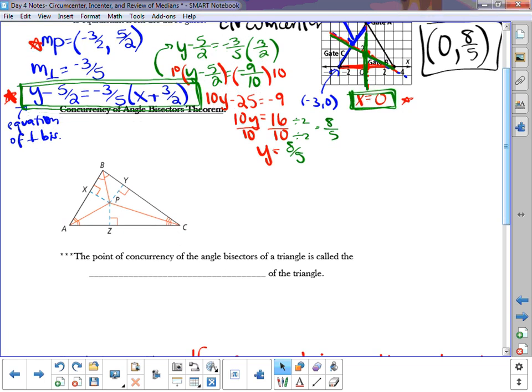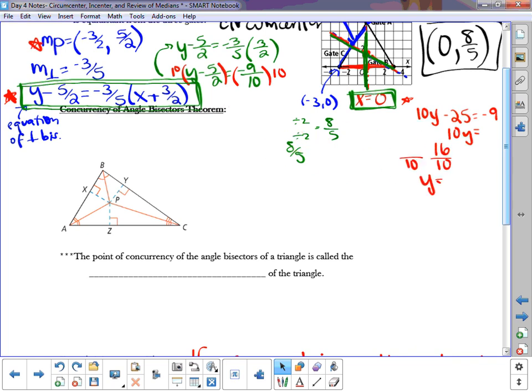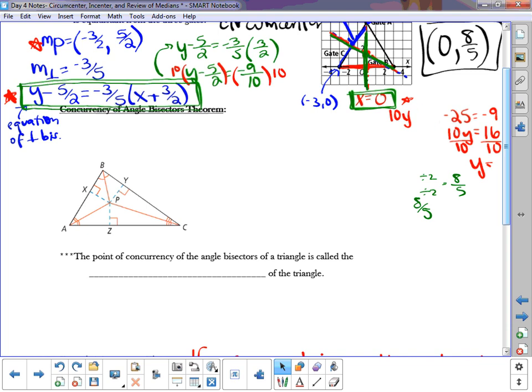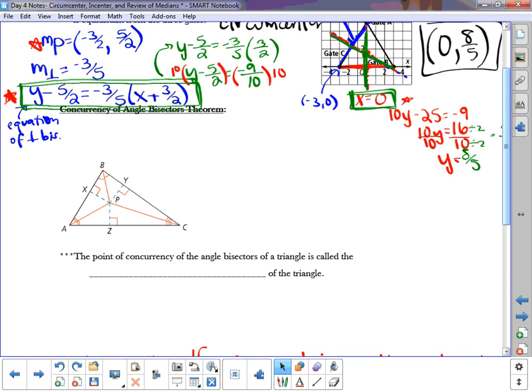Alright, I'm going to move this. Alright, so again, your angle bisectors, you looked at this vocab word for part of your warm-up. So we have concurrency of angle bisector theorem.